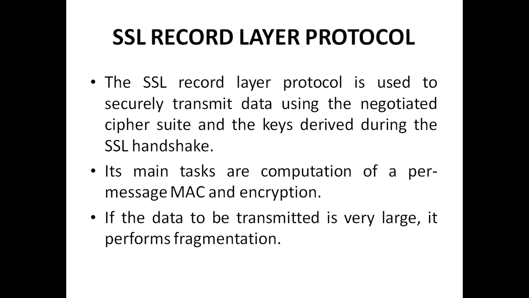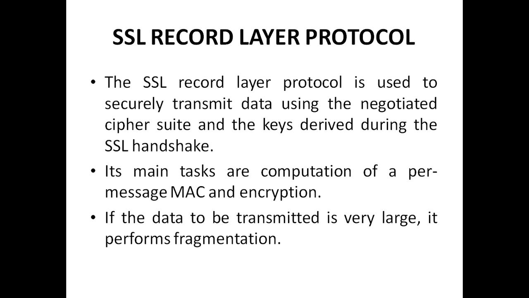The second protocol of SSL is the SSL record layer protocol. This protocol is used to securely transmit data using the negotiated cipher suite and the keys derived during the SSL handshake. Its main tasks are computation of a per-message MAC and encryption.